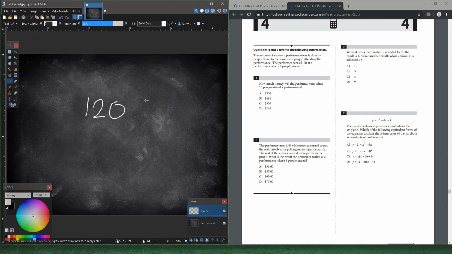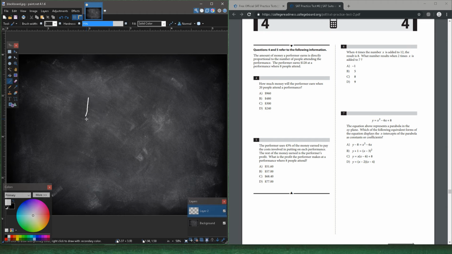So she used 43%. So what she earned is 1 minus the money that she used to pay back, so 0.43. Using your calculator, 1 minus 0.43 is 0.57, times 120, which is $68.40, which is answer C.